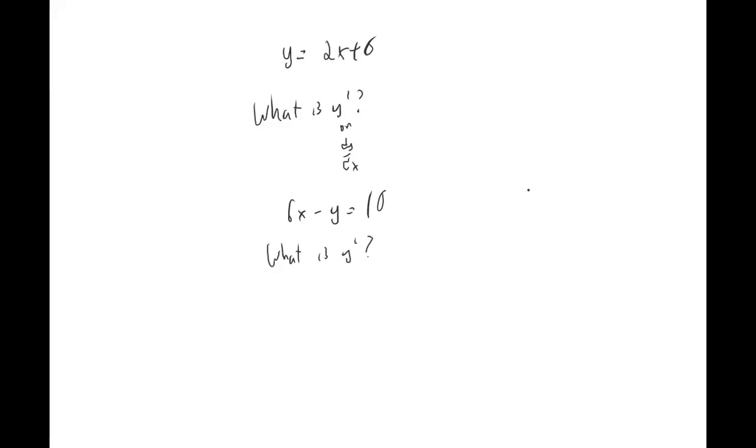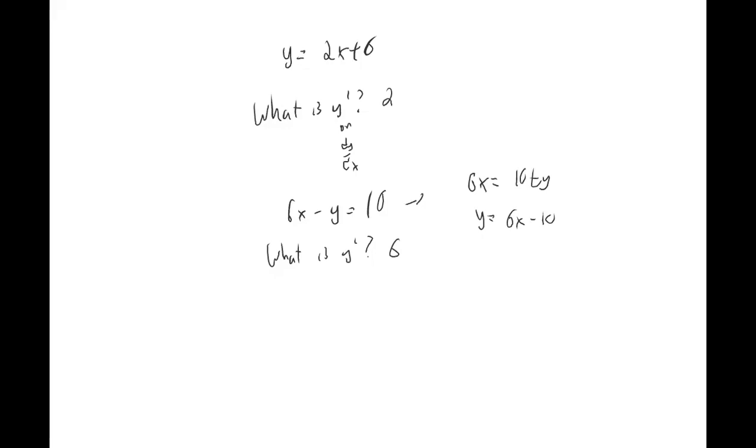In this case, we could just do that: 6x equals 10 plus y, so y is 6x minus 10. So in this case, y prime is 6. So the easiest case would be when you could just isolate y.